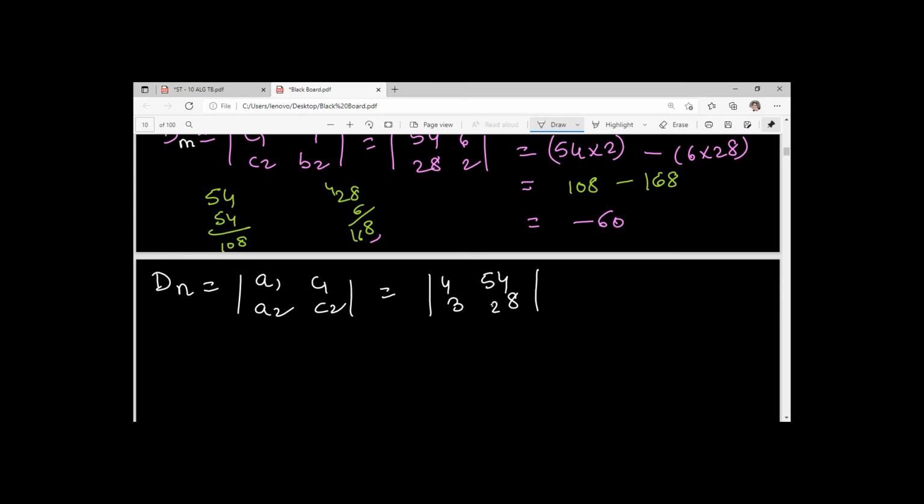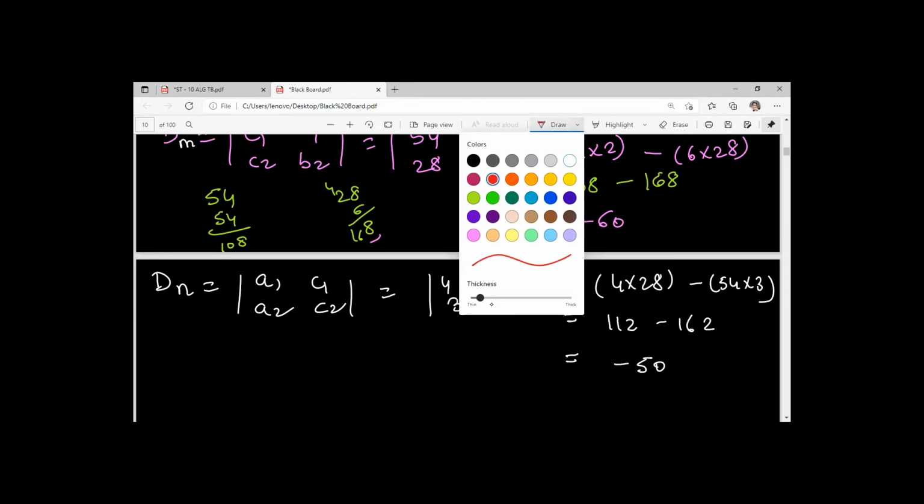Okay, and here it would be 4 into 28 minus 54 into 3. So 28 fours are 112, as far as I remember, and 54 threes are 162. Okay, so this will come to -50. Here it would be -50. Okay.